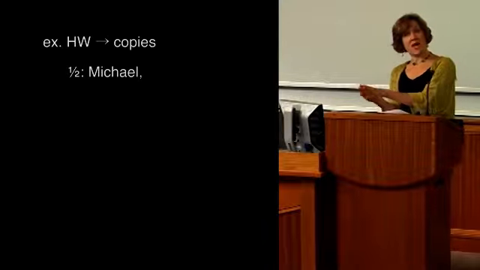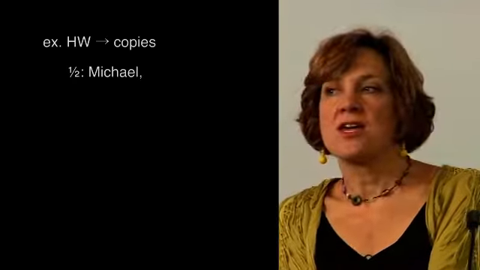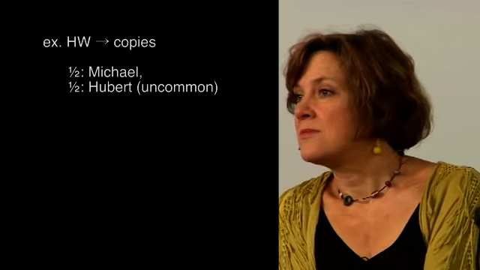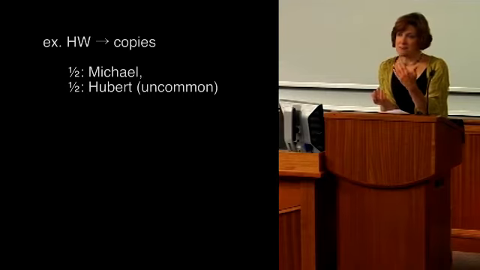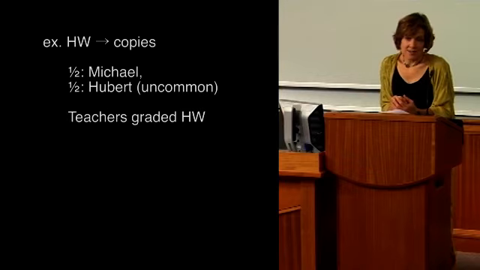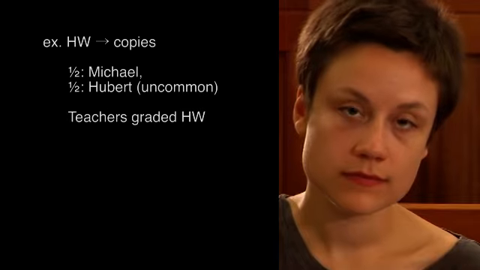Researchers took a homework assignment and made photocopies. On half of the copies, they wrote the name Michael. On the other half, they wrote the name Hubert. Hubert, by the way, is not a common name in English. Then they asked teachers to grade the homework. Guess what happened?